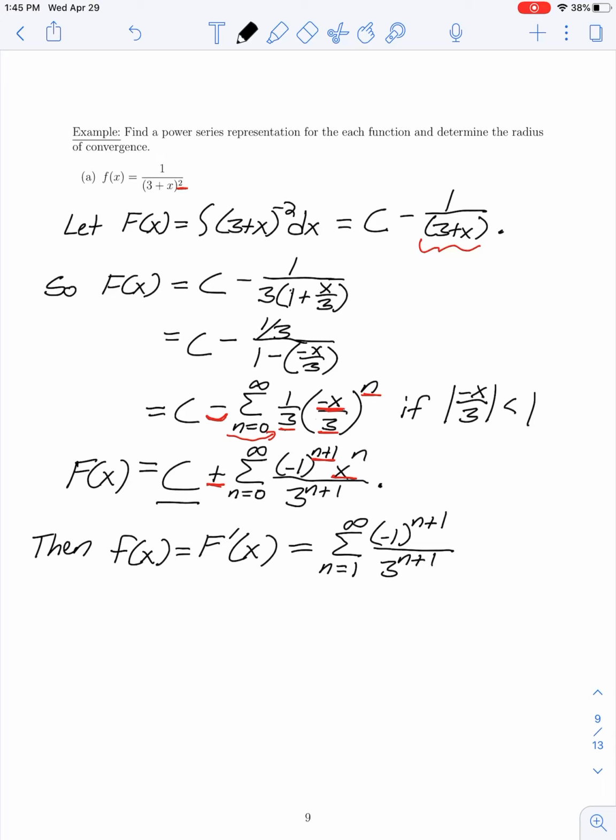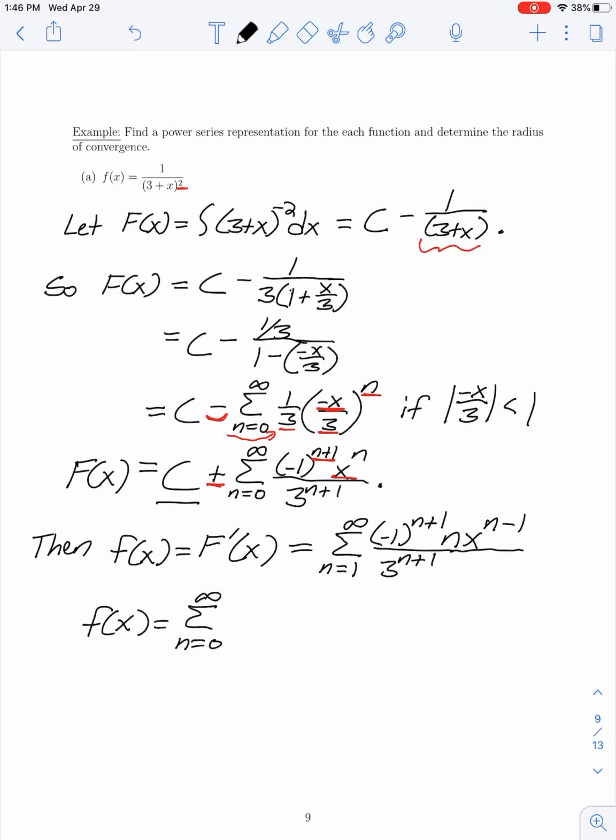And the derivative of x to the nth is n times x to the n minus 1 power. So we see here, if we wanted to rewrite this as a power series starting at n equals 0, we could shift that starting value of our index.